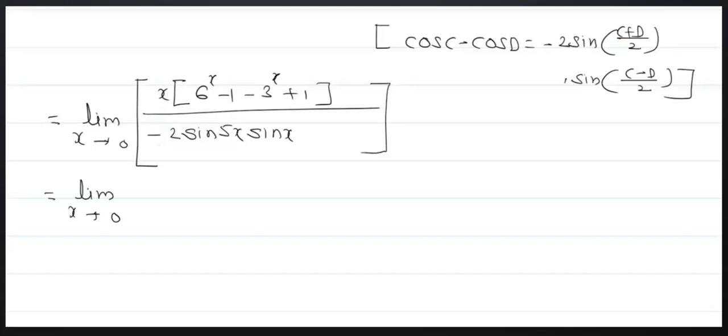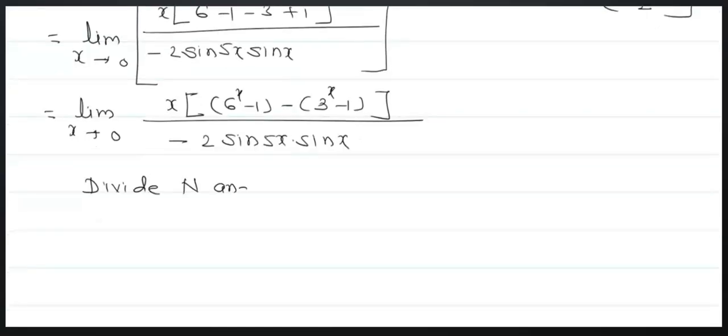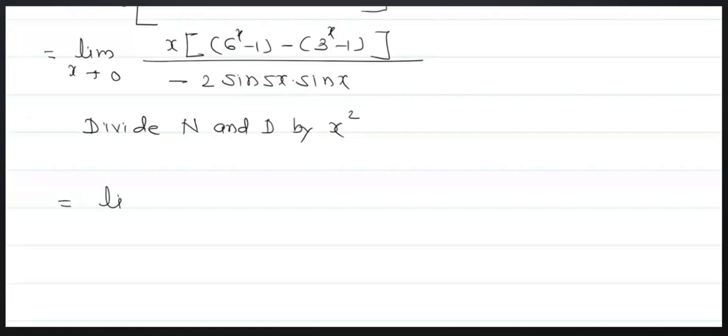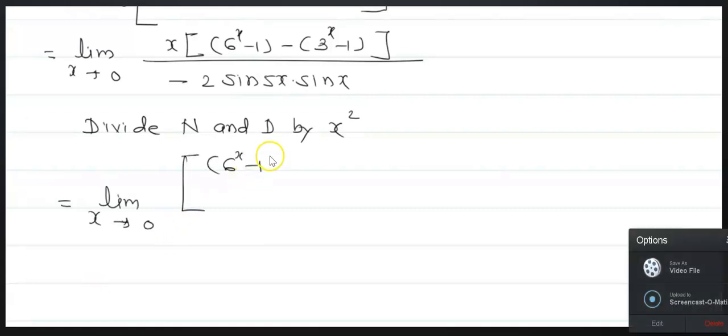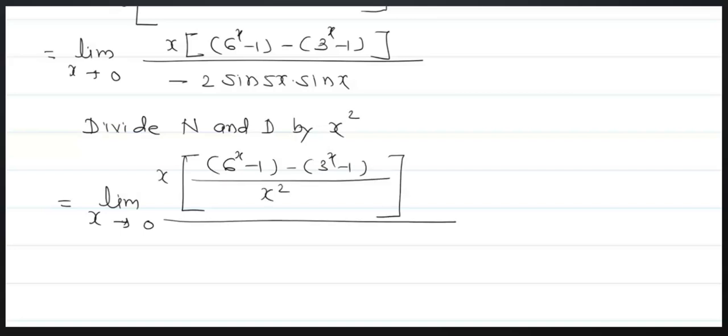Now divide numerator and denominator by x. Therefore, limit x tends to 0, 6 raised to x minus 1 upon x, 3 raised to x minus 1.